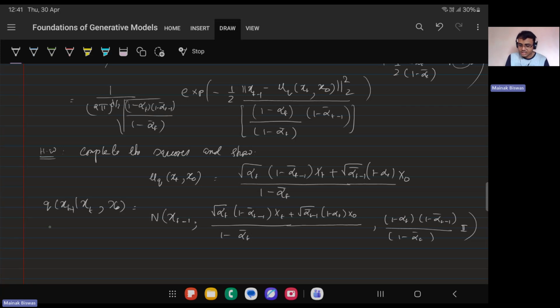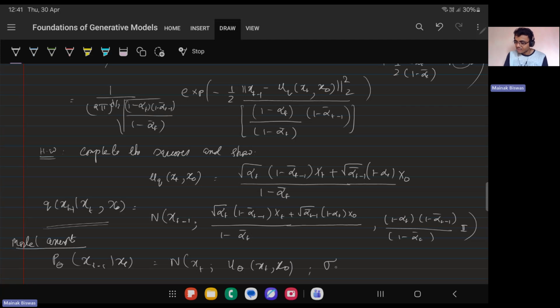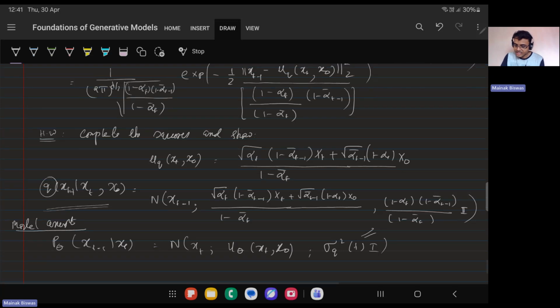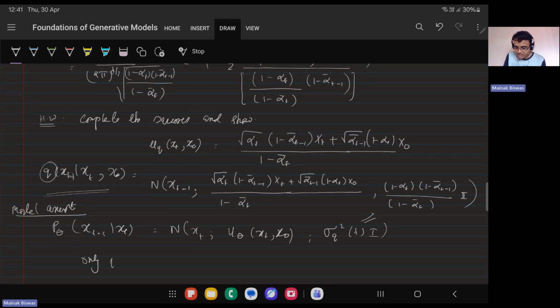But anyways, this term that I have over here is normally distributed. So I can fairly assume, as the model assumption, for simplicity, that xt minus 1 given xt is normally distributed as mu theta of xt comma x0 and sigma q squared t I. And I'm not going to learn the variance; I'll be equating it. So for this q process, which is the variational process, I'll say only learn the means.